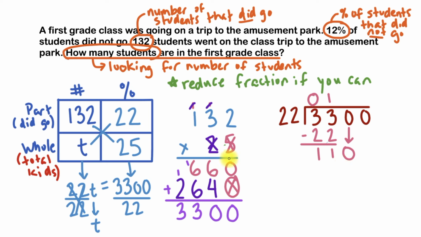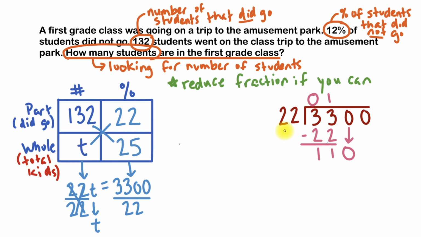Let's get rid of this old work to make room for our new work. So how many times do you think 22 can go into 110? When I have a 2-digit divisor, what I like to do is start by multiplying it by 5. If my answer is too big, then I would try something less than 5. And if it's too small, then I will try something more than 5. So let's get started. We've got 22 times 5, and that will give us, well, 5 times 2 is 10.